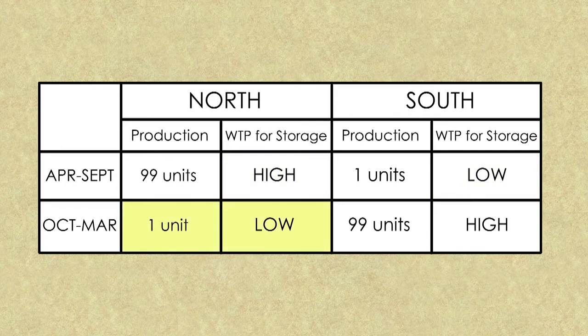In the October to March period, roles are reversed. The North is not producing much food and is not willing to pay for storage. The South is producing lots of food and is willing to pay a lot to store some of it for future use, that is, if a storage technology existed. These differences in willingness to pay for storage generate the trading opportunities.